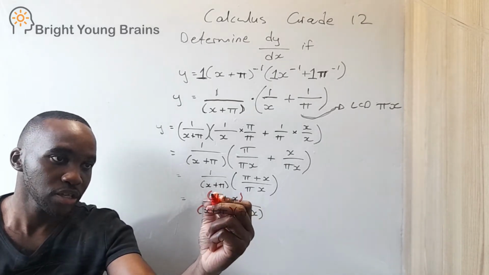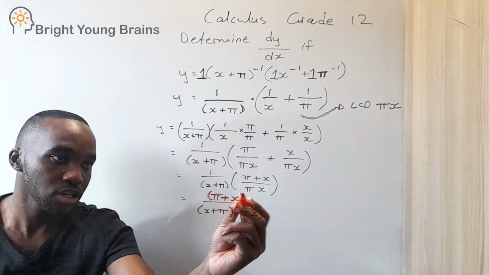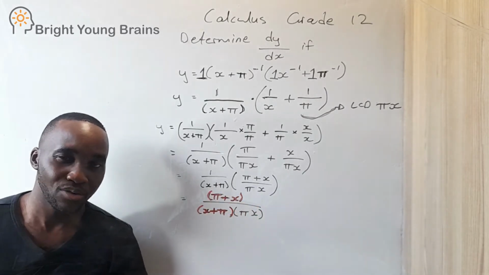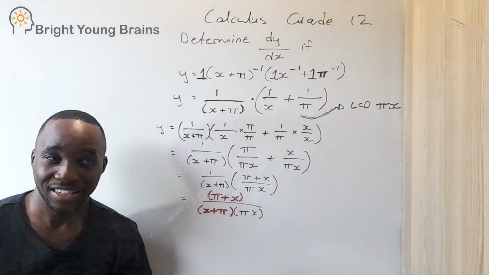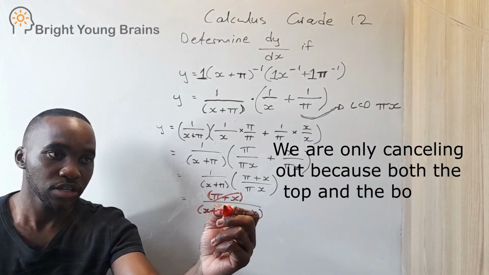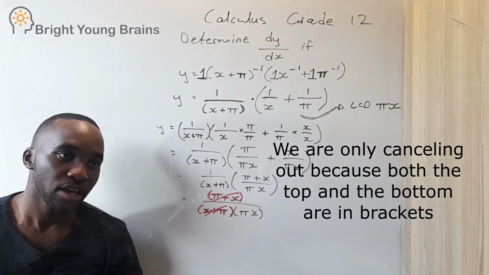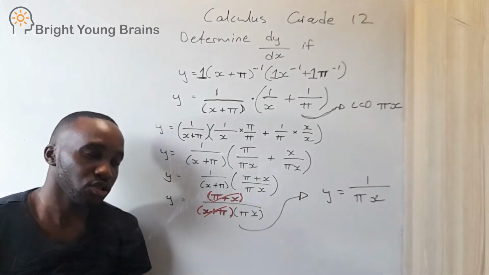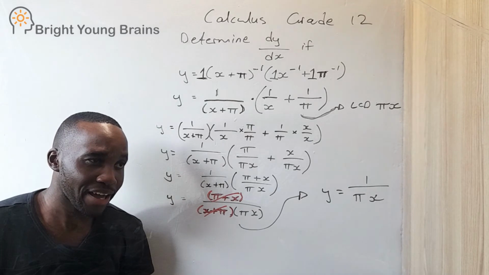The reason we can cancel is that here we're adding, so these two could be swapped around, and that would be exactly the same thing. So this can cancel that. Having done that, we know that y is equal to 1 over pi x.